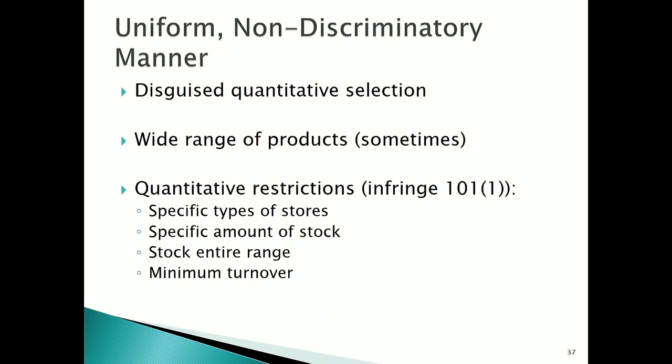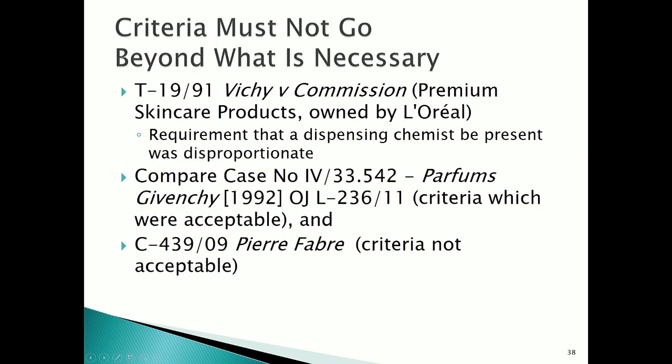Because you're only going to sell X amount, right? And if you require a given store to sell at least 1/10 of X, then at most you can have 10 stores. You see? Okay, so minimum turnovers.